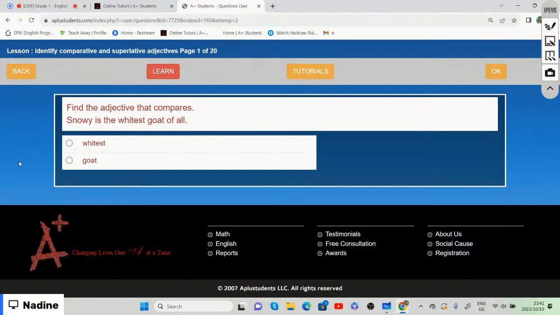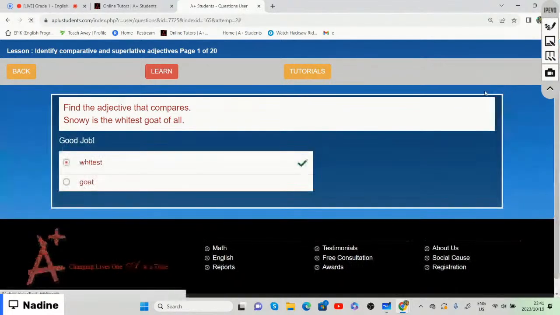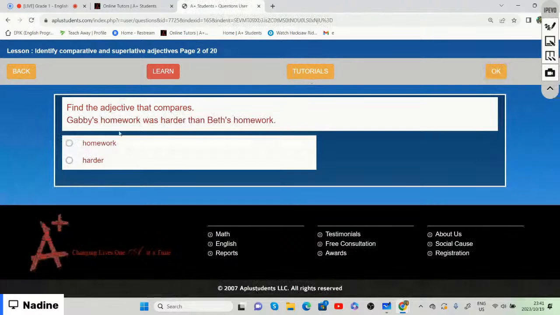So we can identify whitest as the adjective that compares. Whitest is our adjective that compares. Gabby's homework was harder than Beth's homework. We need to find the adjective that compares.